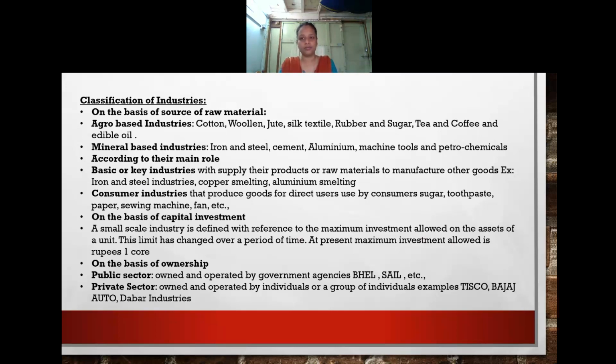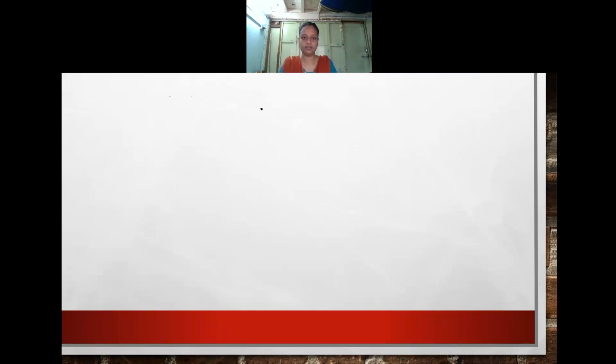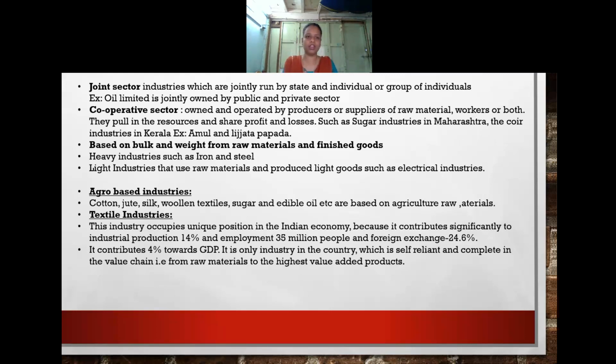Even your Jio, Reliance, Tisco, Bajaj automobiles come under the category of private sector, because these are under the control of private individuals or a group of individuals. Next one is the joint sector.